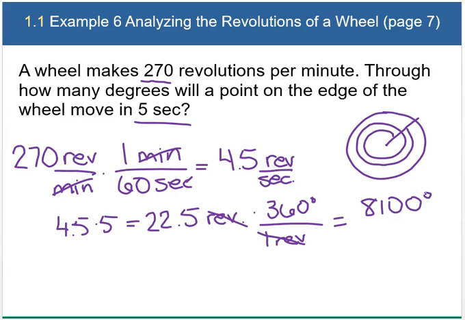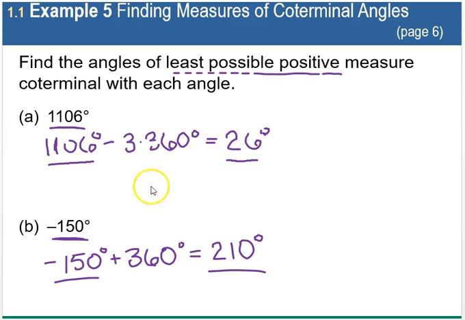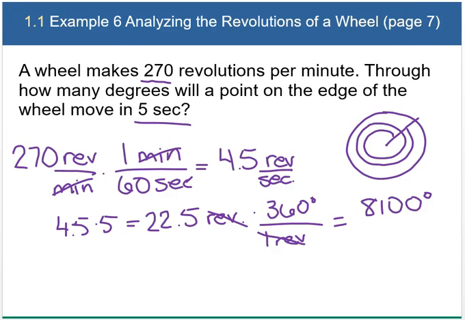So this point on the edge of our wheel turns 8,100 degrees in 5 seconds. So a lot of degrees, which is understood. Wheels can turn very fast.